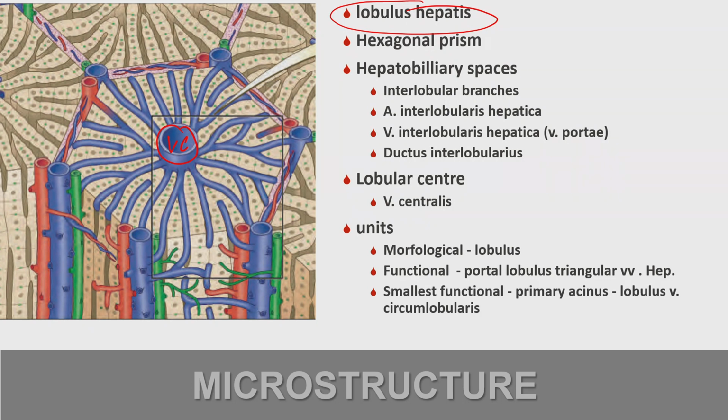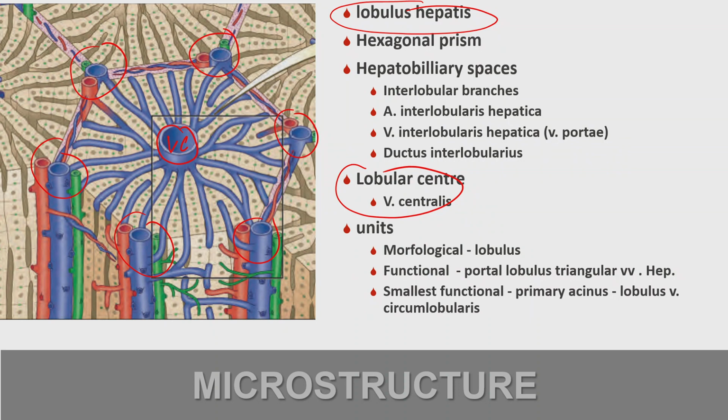Then we have 6 points around, which are made by triads. Those triads we know: hepatic artery, bile duct, and portal vein branch.